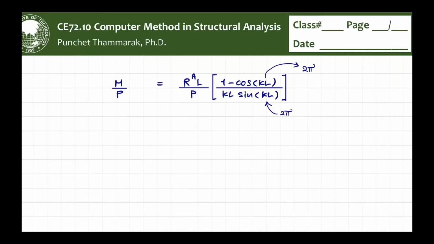Well, RA over P. If the point is that RA over P, we have a chance to get this one being 0 as well. Maybe we write the RA over P in terms of M over P first.